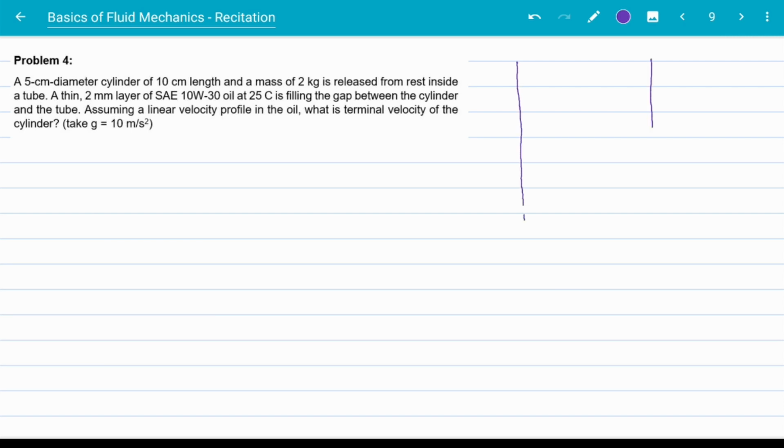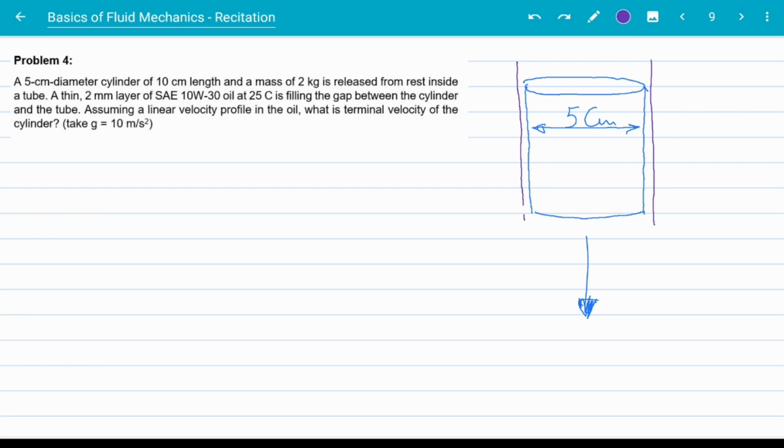So this is the tube. This is the cylinder in question. Now this cylinder is falling due to gravitational acceleration. Some dimensions are given. The diameter of the cylinder is 5 centimeters.